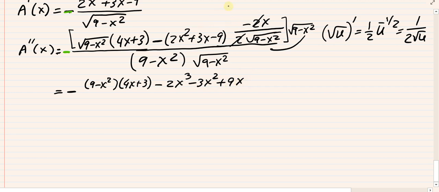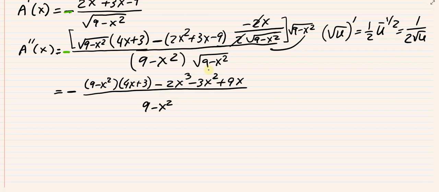Looks like I may have to FOIL. Yeah, I have to FOIL in the numerator. The denominator becomes 9 minus x squared, right? Times the square root of that, so it's 9 minus x squared to the 3 halves. Okay.